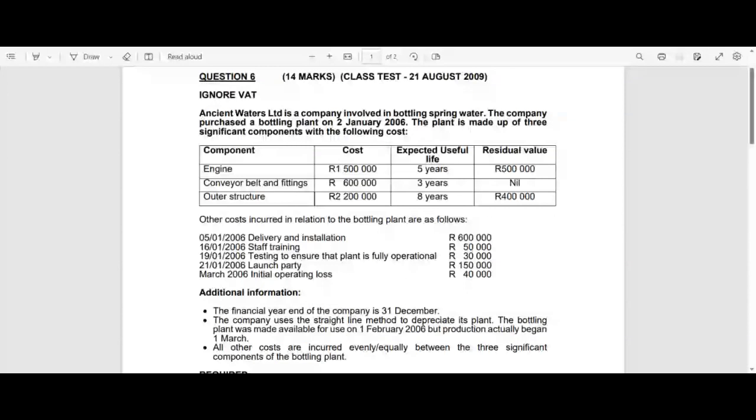If we are still experimenting, we're still testing, we're still trying to see. Thank you, Henrique, you're spot on, right? So it means it is not ready for use yet. We haven't taken a final decision that the plant is fully operational yet. We are still testing it, right? So that means the plant is not ready for use at that point in time.